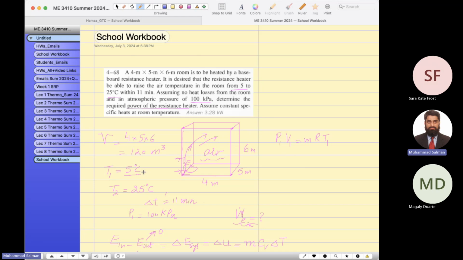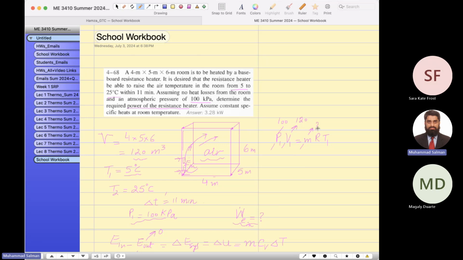Here P1 is 100 kilopascal and V1 is not going to change, the room volume, 120. And M we have to find out.